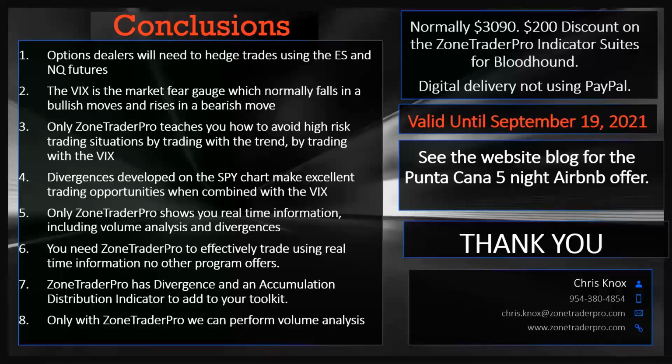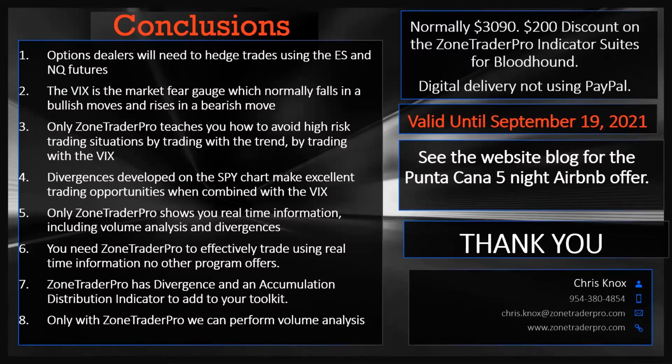To wrap up the PowerPoint part of this, what you need to understand is options dealers just need to hedge their trades. And if we are trading with those options dealers, it makes it a whole lot easier.